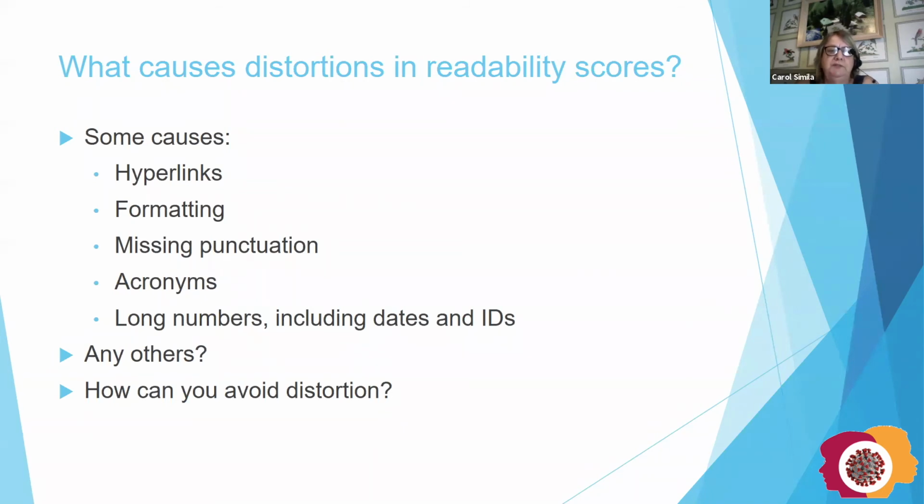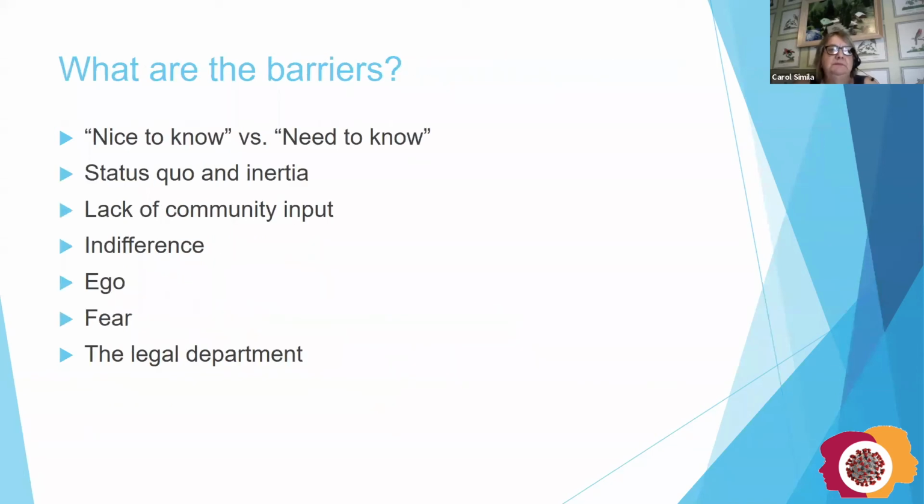You can avoid distortion by just using plain language. What are the barriers? Well, nice to know versus need to know. Sometimes we have a sense that we've got to include all of this background information. Sometimes that's true, but sometimes it's not.